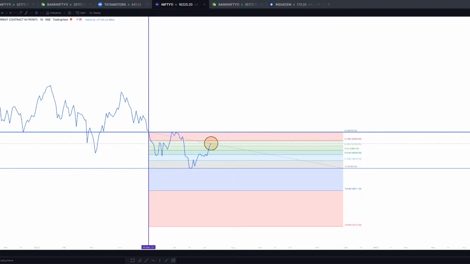So the probability of your trade really increases. That is the whole idea of Fibonacci. It is very widely used, though on larger time frames.